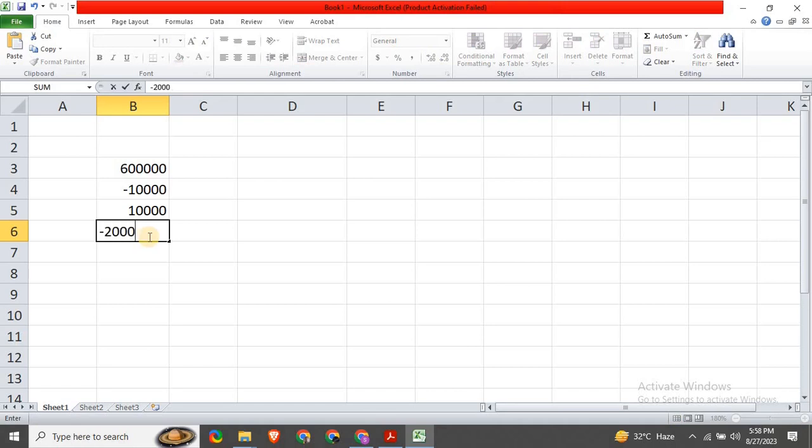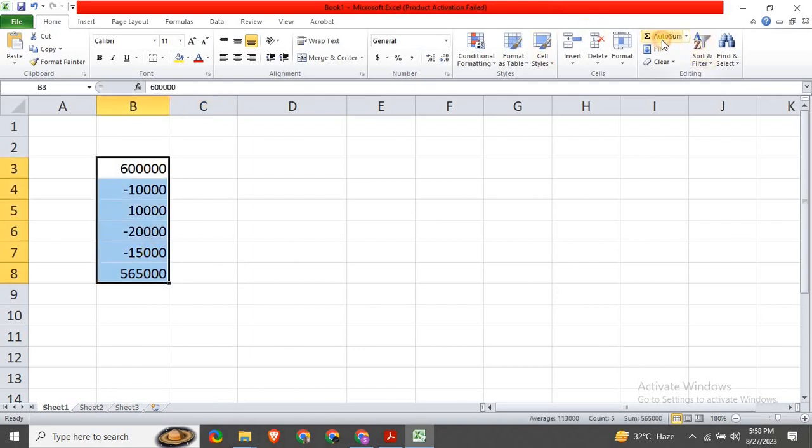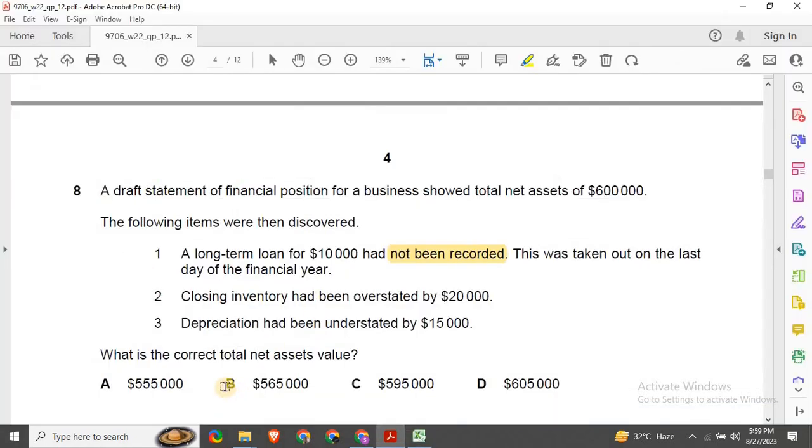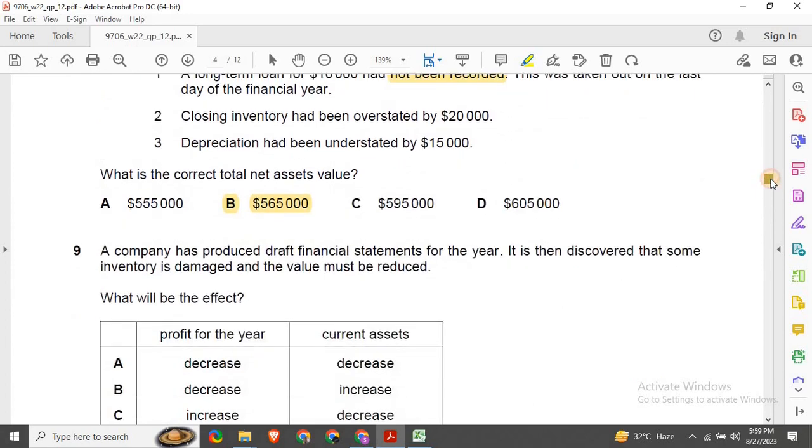Then there is a decrease in the value of current assets, which is closing inventory. And there is a decrease in the value of non-current asset in the form of depreciation. So if I do this, then my correct option is 565,000. So the right answer is 565,000, Option B. Let's move on to the next question.